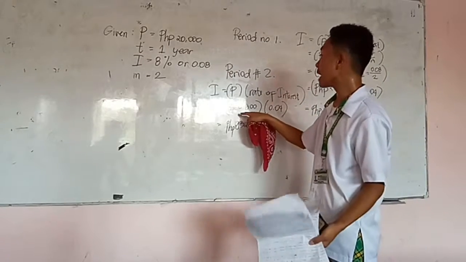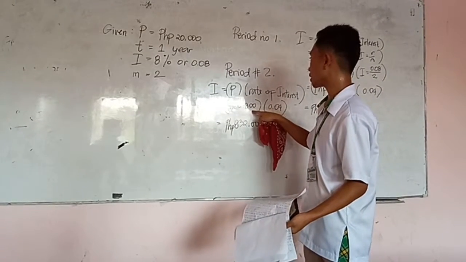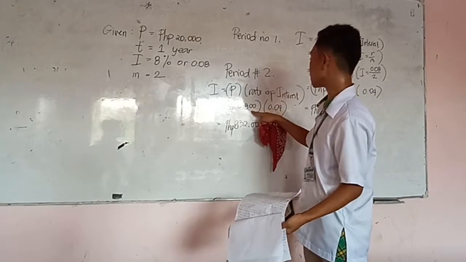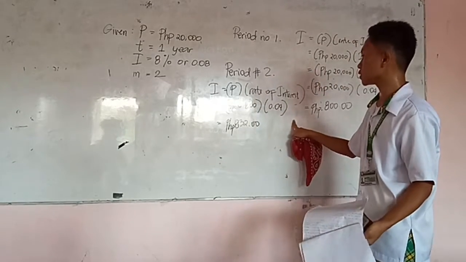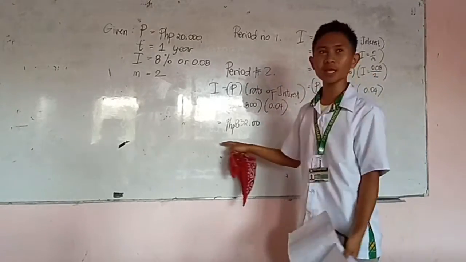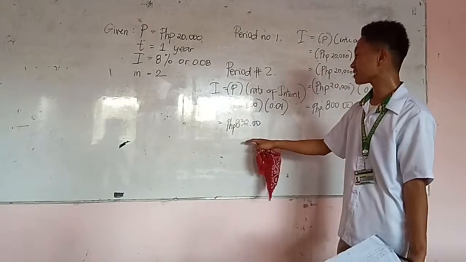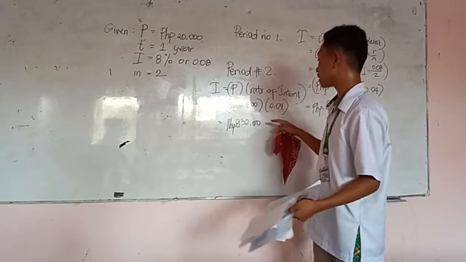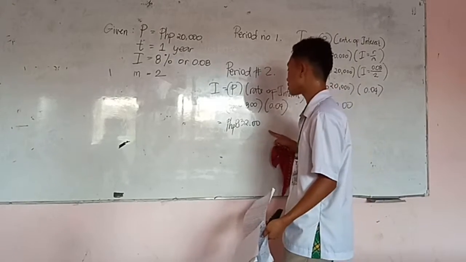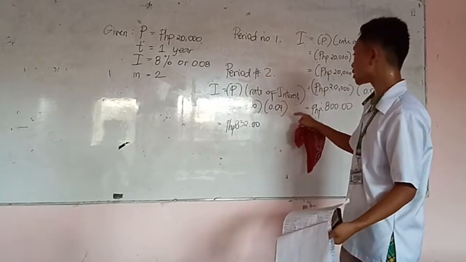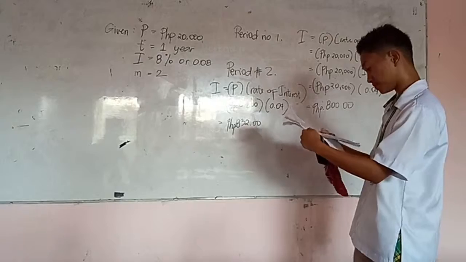So our new principal is 20,800 times our rate of interest, which is 0.04. So the answer is 832 pesos as the interest in period number 2.